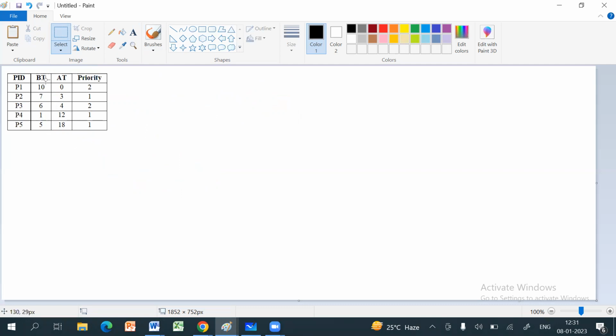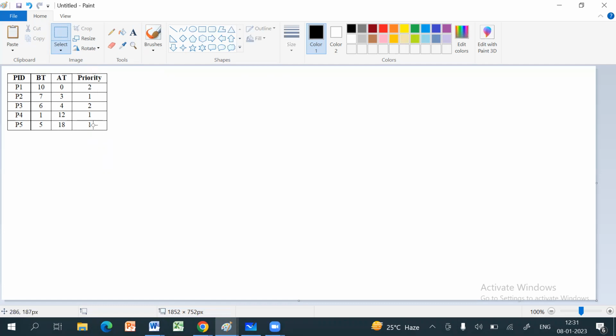BT here is for burst time, and arrival times and priorities of each process are also given. The burst times are 10, 7, 6, 1, 5, the arrival times are 0, 3, 4, 12, 18, and the priorities are 2, 1, 2, 1, 1.